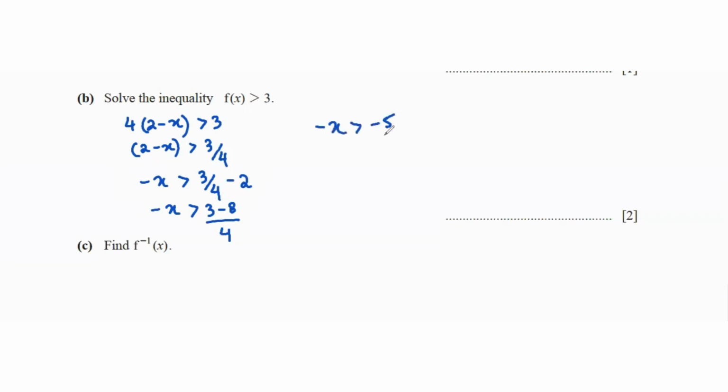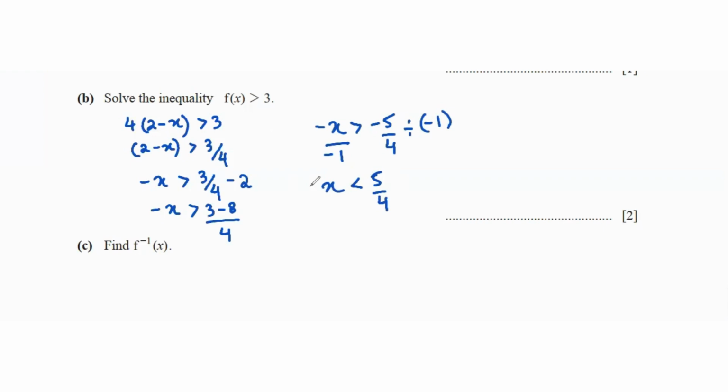That's negative 5 over 4. So since we have negative signs on both sides, to get rid of the signs, I'm going to divide both sides by negative 1. And what that will do is flip the inequality and make this 5 over 4. So now x is less than 5 over 4.